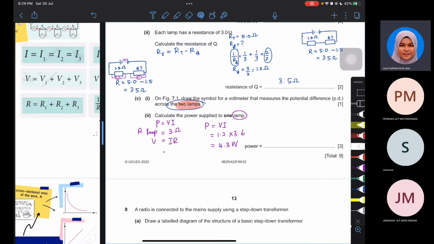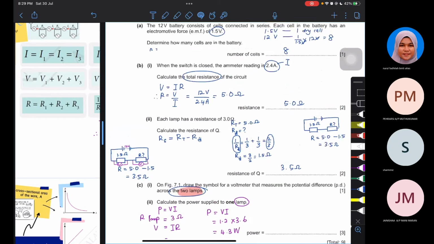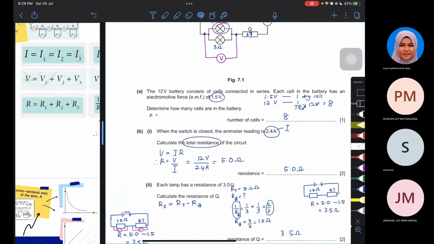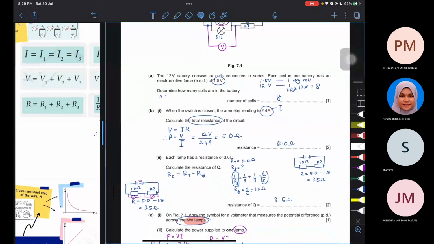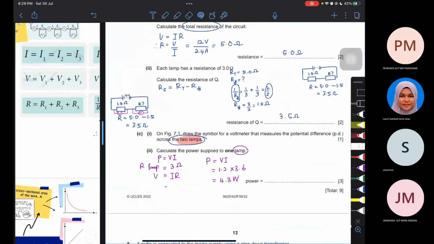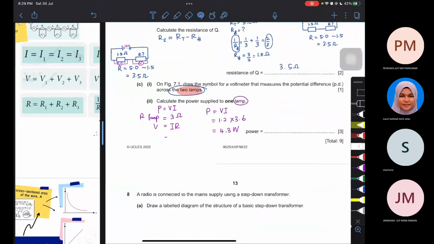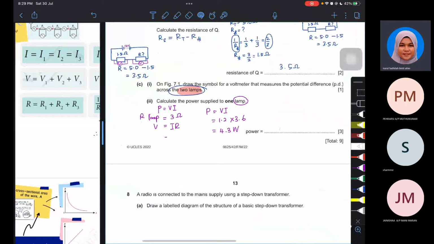Okay, ada soalan? Dapat tak? 1.2 times 3.6. Dapat, teacher. Okay. So, dapat 4.3 watt.